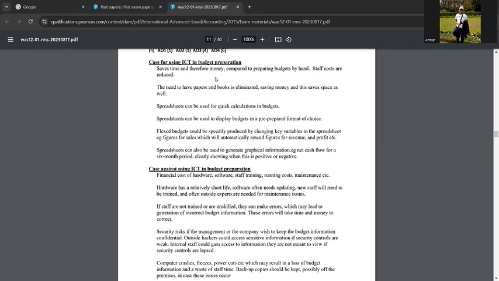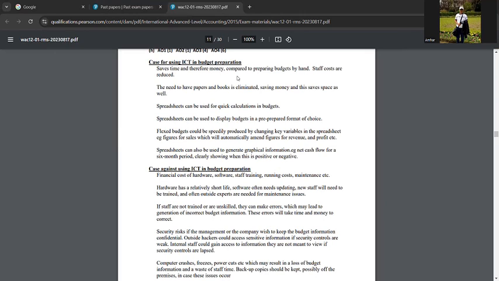Because when they prepare budgets by hand, lots of staff need to be employed, and when we implement the ICT system, we don't need to employ staff. The computer will do things for us, so staff costs are reduced. So that's why ICT saves time and money.